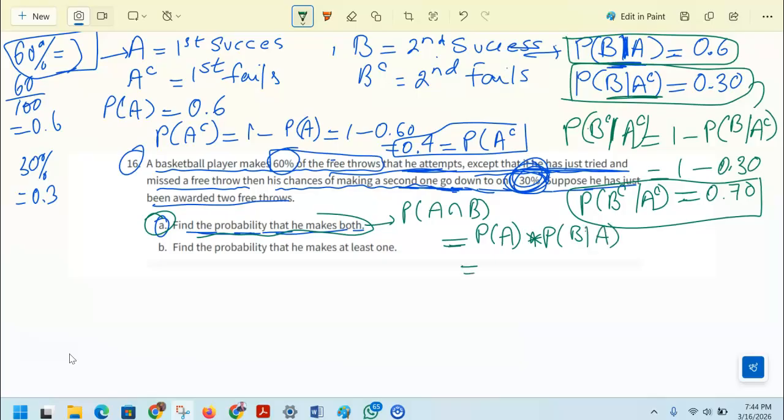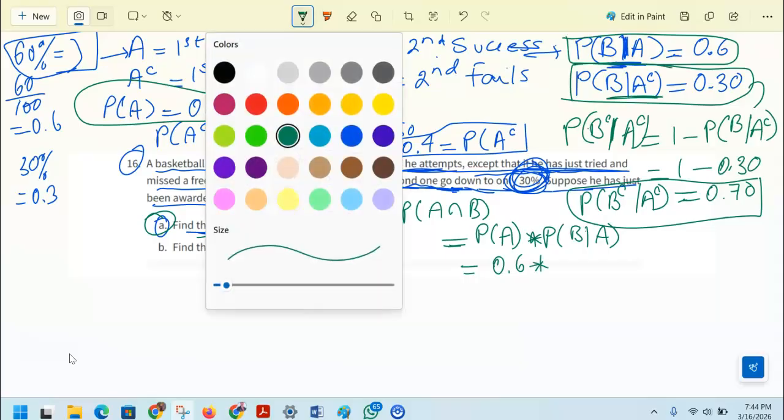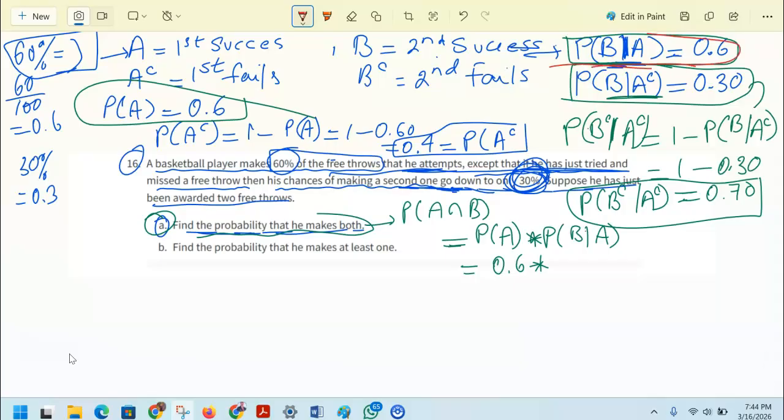So the probability of A is 0.6, multiplied by the probability of B, which is again 0.6, and the answer is 0.36, and you're done. So this is the probability he shoots the first one successfully, and he also succeeds on the second one.